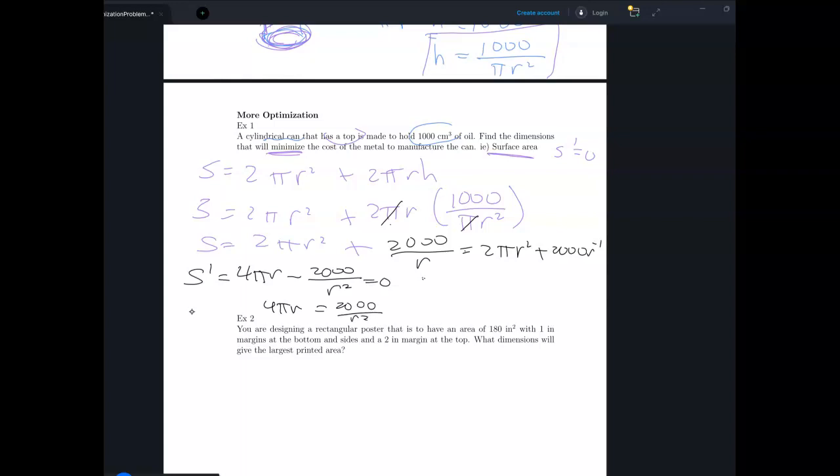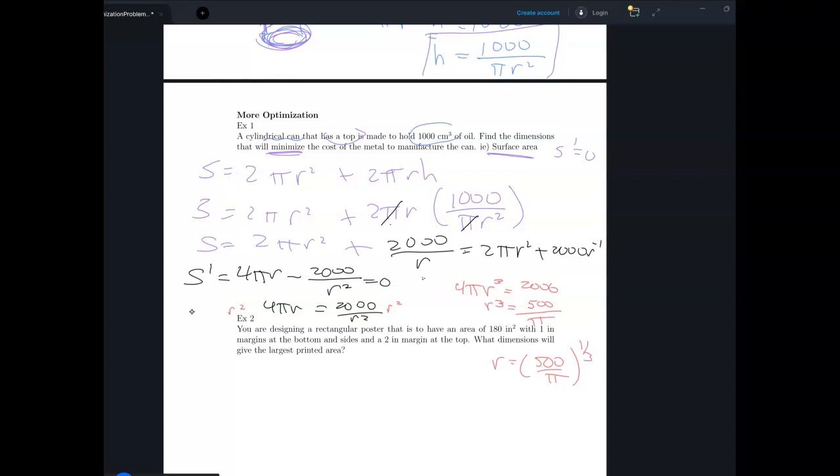And so let's multiply both sides by r squared, right? So I get 4 pi r cubed is equal to 2,000. And then continuing to solve for r, if I divide through by 4 pi, I get r cubed equals 500 over pi, right? And so r is equal to 500 over pi to the 1/3 power.